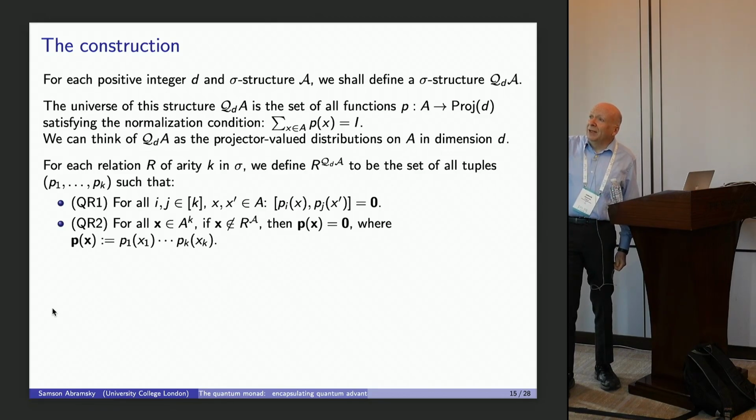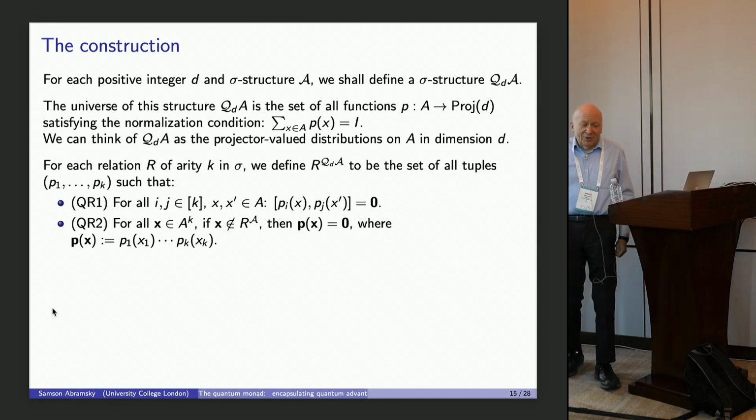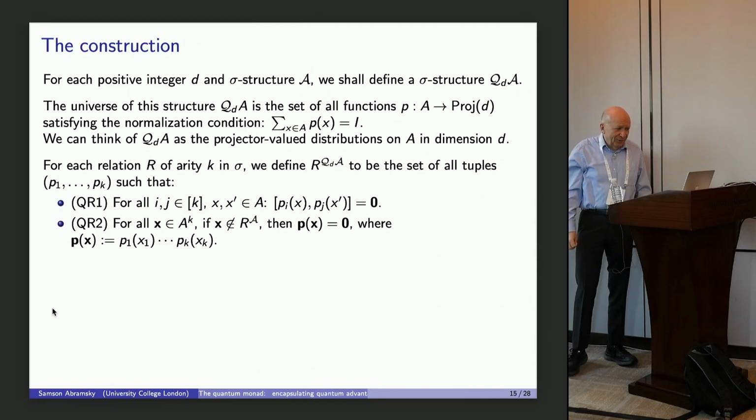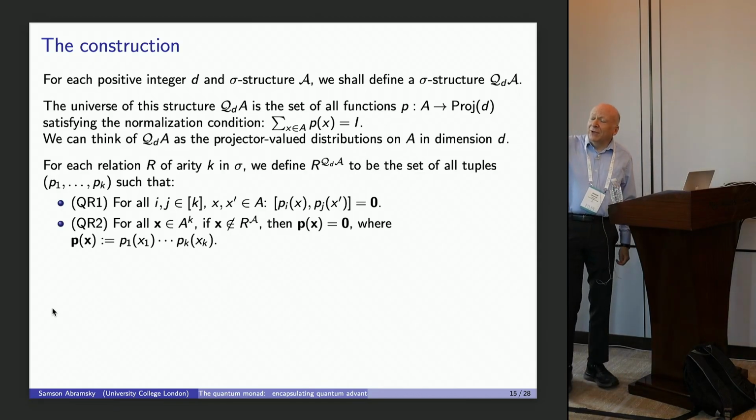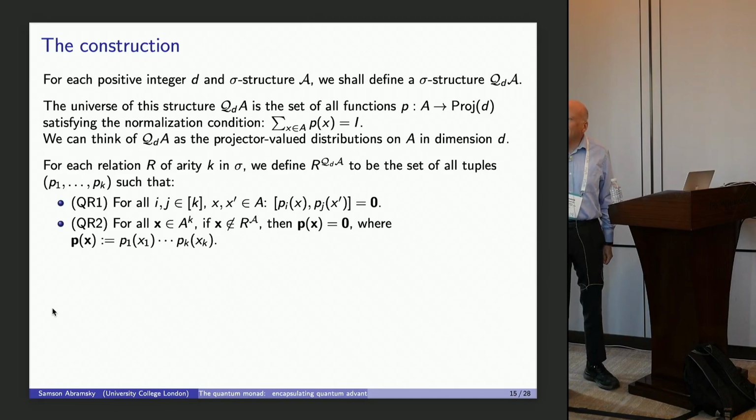And these are going to be the set of tuples. They're now going to be tuples of these projector valued distributions, which again satisfy similar conditions to those we were just seeing. So we have something that corresponds to the fact that we can never get a tuple that takes us out of the relation that we started off with.